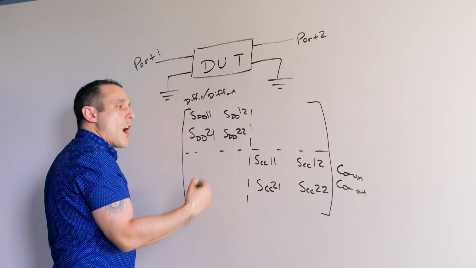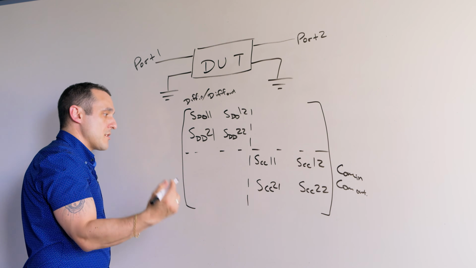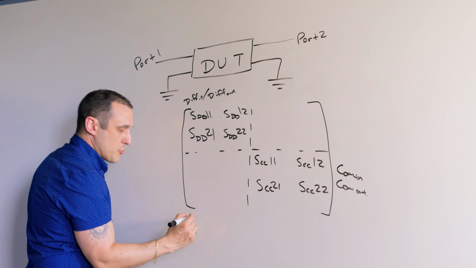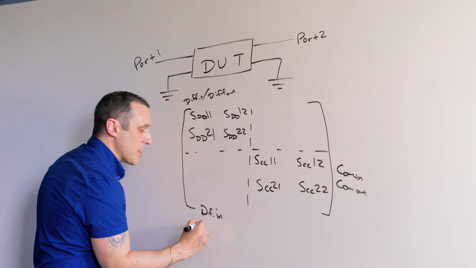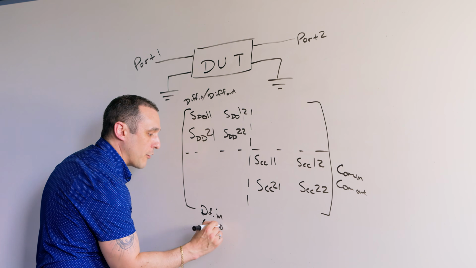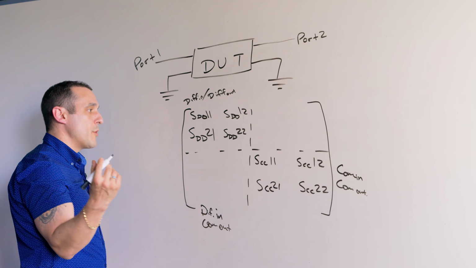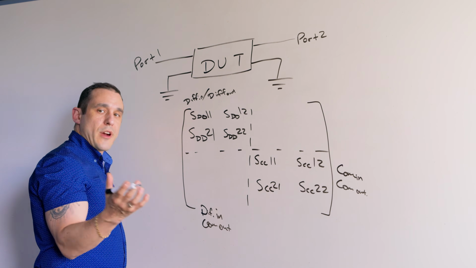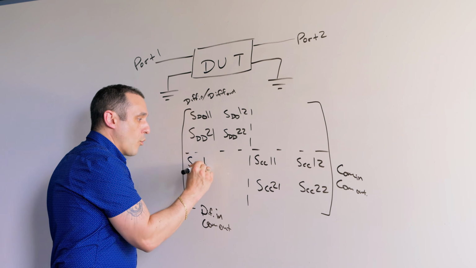So what about these off-diagonal quadrants? What do these quadrants represent? Well, here in this quadrant, we have differential signal in, but common mode signal out. I put in some differential signal, but I get out common mode signal. We would write these S parameters in the same way. We would write this one as SCD11.